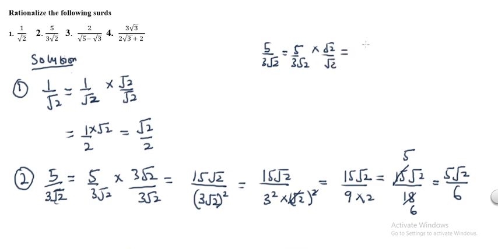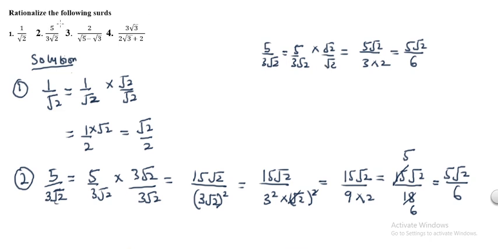That gives 5 root 2 divided by 3 times root 2 times root 2, which is 3 times 2. So this is equal to 5 root 2 divided by 6. So most times, if you have a number greater than 1 and a surd, you can just use the surd to multiply the numerator and the denominator to save you time.